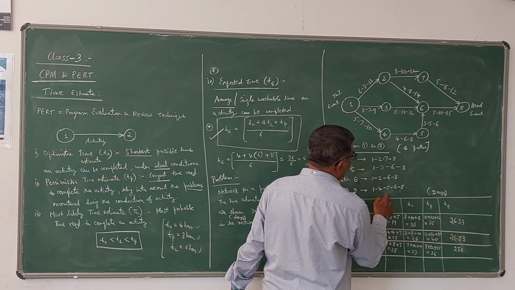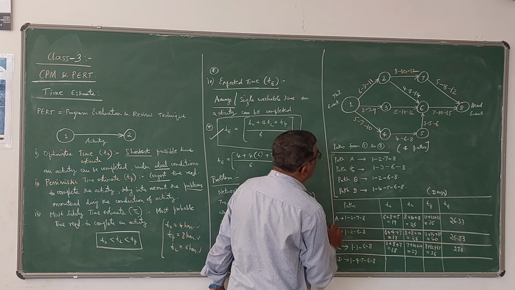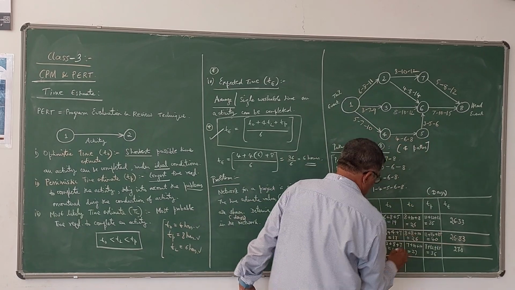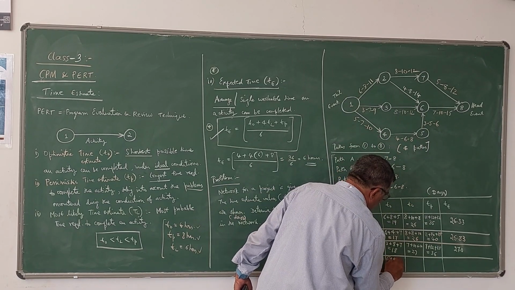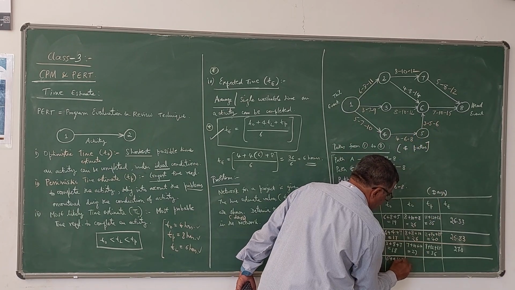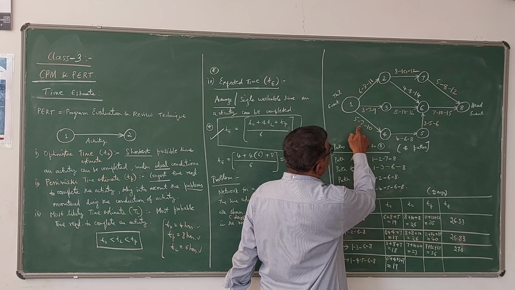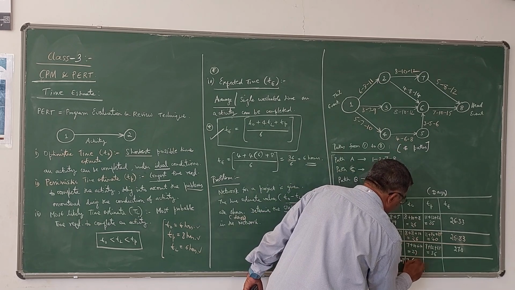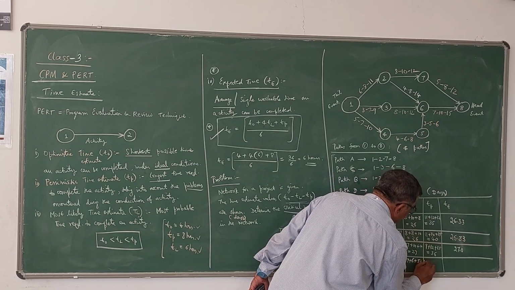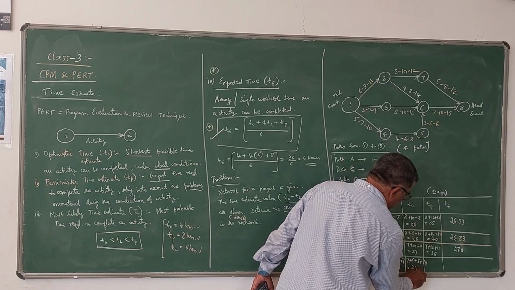Then path D. Path D is 1, 4, 5, 6, 8. The T naught value is 5 plus 4 plus 3 plus 7, which comes out to be 19. Next, the TL value: 7 plus 6 plus 5 plus 10, that is 28.